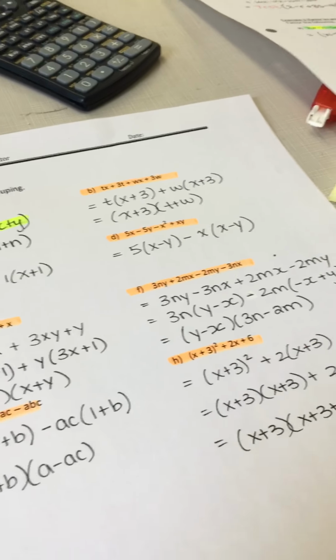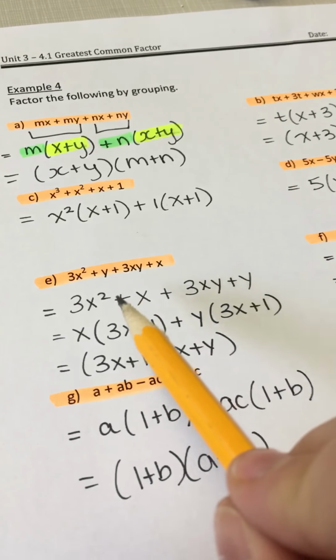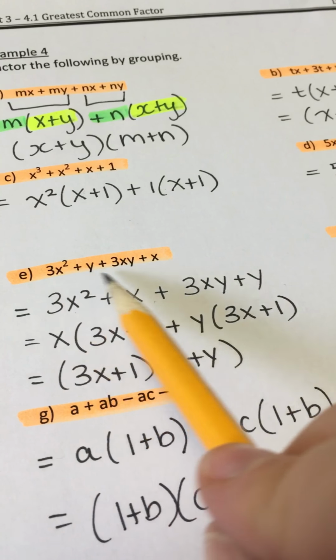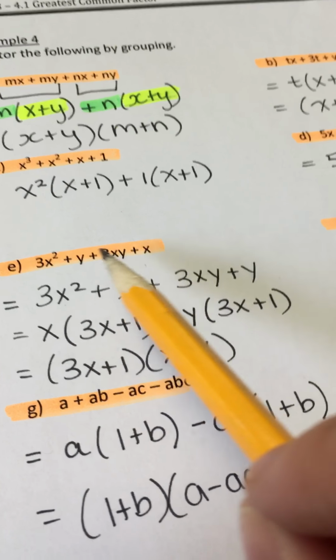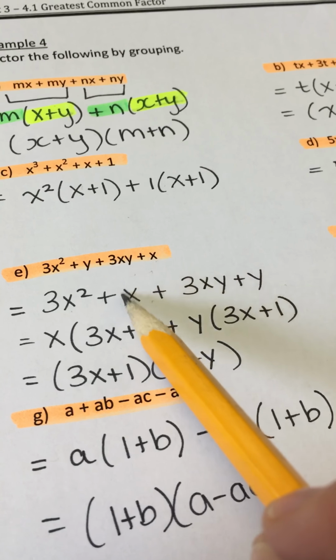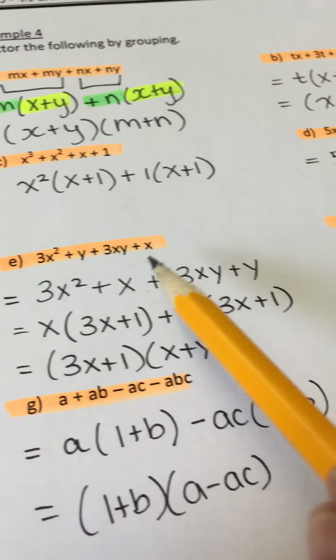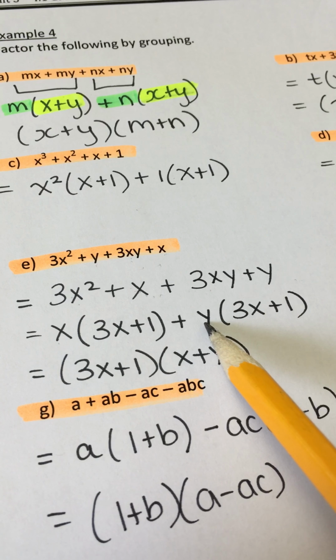There were a couple of things over here where you actually had to rearrange what was grouped together, so it wasn't automatically put in front of you what you were going to factor. I had to move this x to be second so that these two things had x in common, and then I moved these things together because then they had y in common.